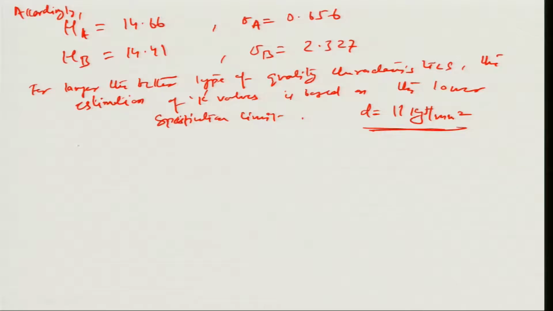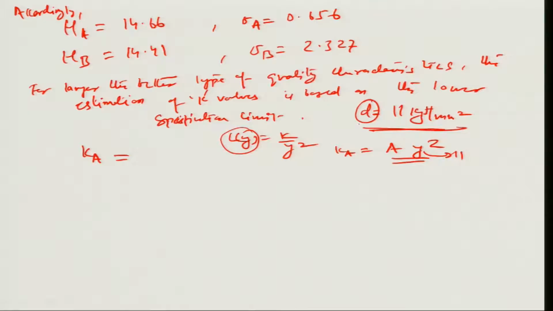Therefore, the KA value here comes out from the loss function, because the loss function L(y) is k by y². So KA is equal to the unit cost A times the square of y, where y equal to D is 11 in this particular case.